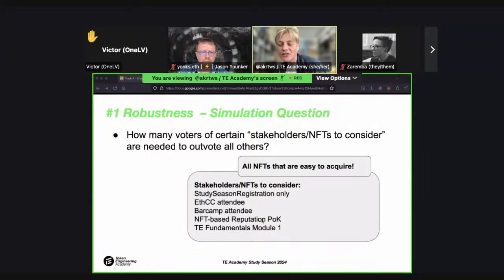I now see this question in the chat. We haven't sent out any information about minting or receiving this NFT for being part of the study season via registration, because we haven't minted yet. And we haven't even fully defined the process because we are updating the infrastructure. So you didn't miss anything. And we didn't even want to promote this because we didn't want to make this a thing to game the voting.